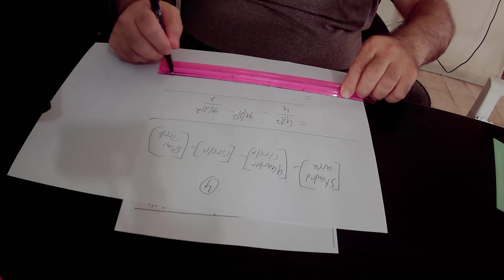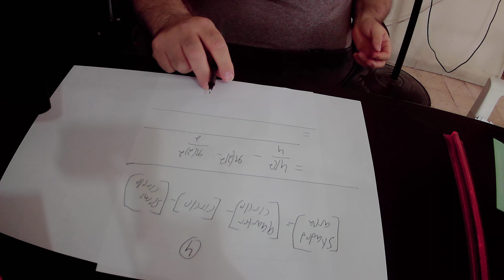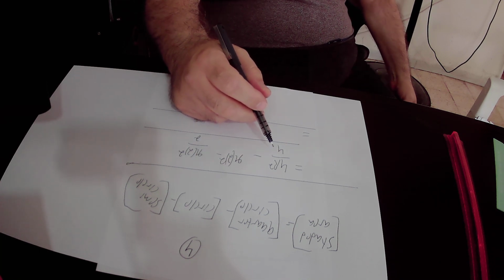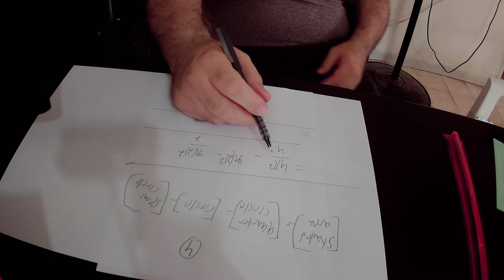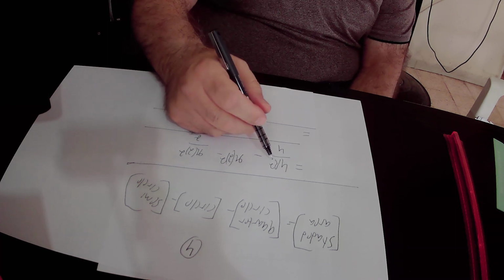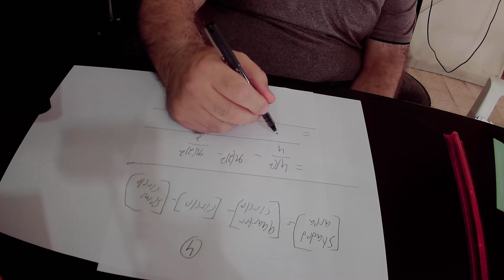So we know that the radius of the quarter circle equals 6, so capital R equals 6. Therefore, capital R squared is 6 squared, that is 36.